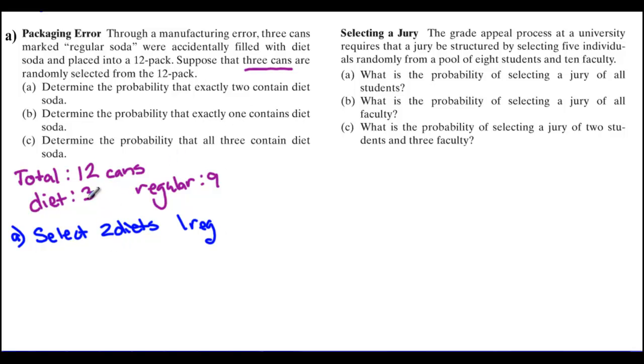So of the 3 diets, we need to choose 2, and of the 9 regulars, we need to choose 1. So the number of ways to do that is going to be 3 choose 2 times 9 choose 1.